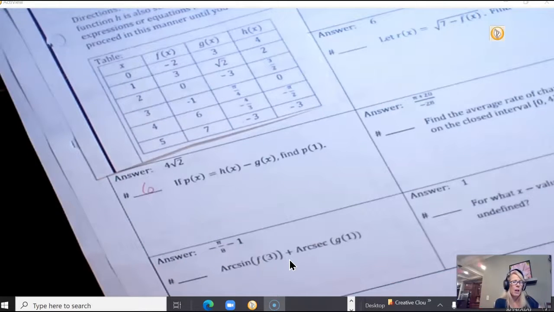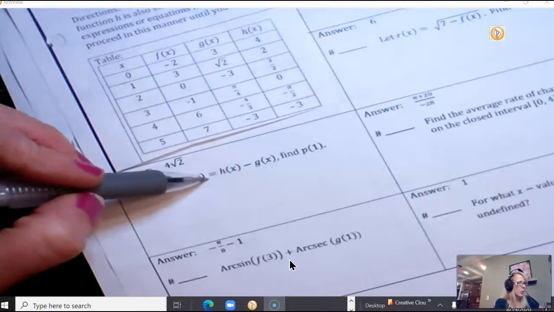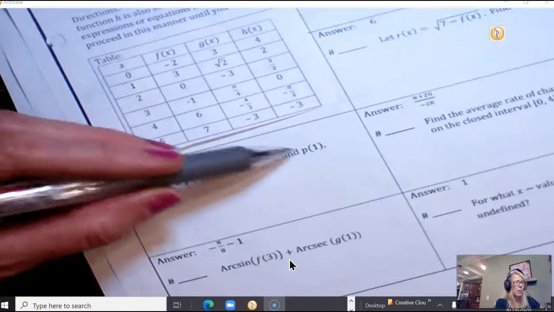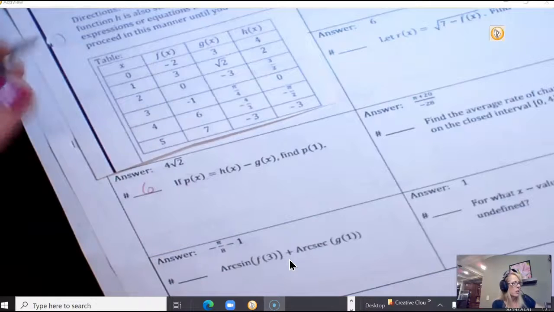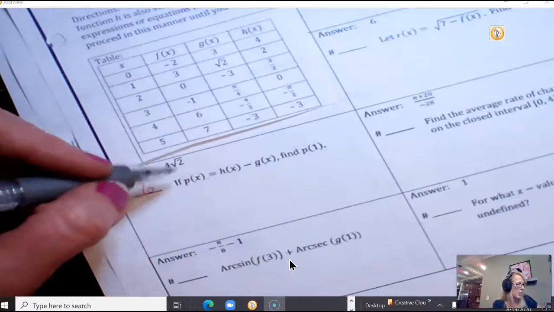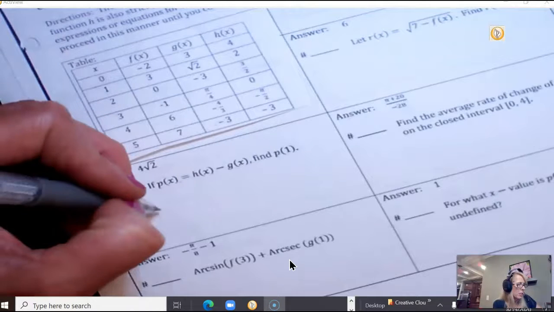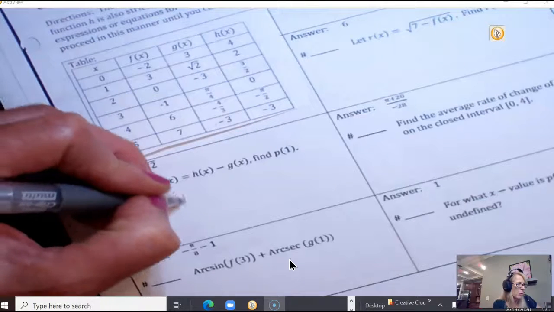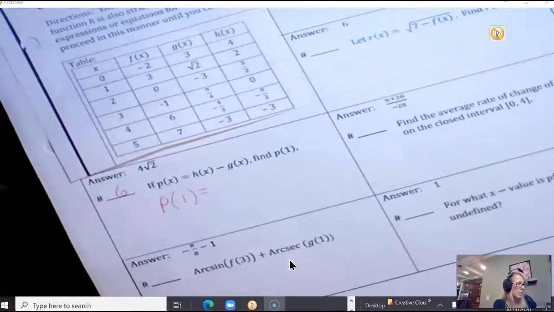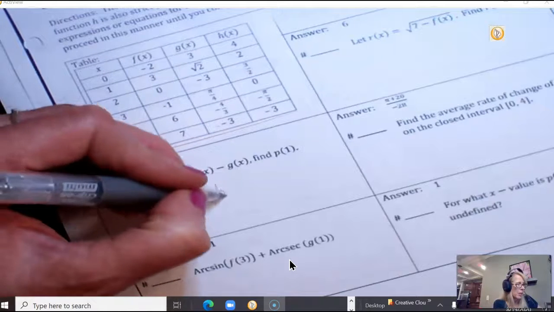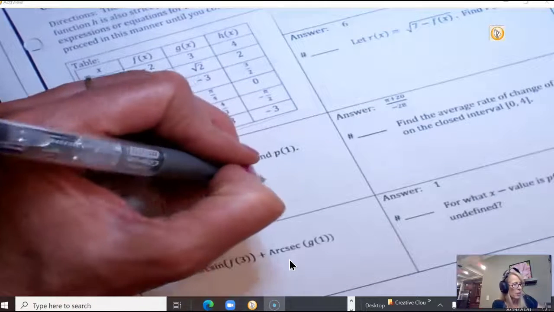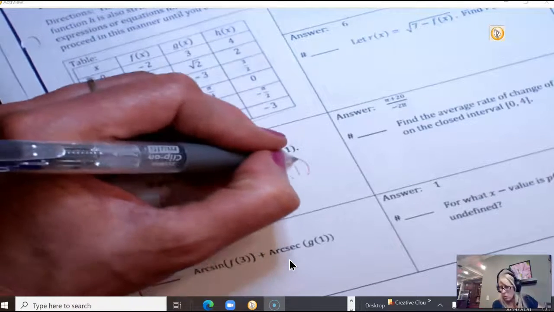All right. So P of x is equal to h of x minus g of x, and they want you to find P of 1. So we can replace the x value with 1, which means P of 1 equals h of 1 minus g of 1.